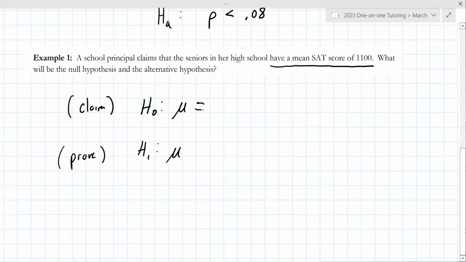Let me just give it to you. This is that it equals 1100. Okay. And what we would like to prove, if we were doing some experiment, is that it's something different than this, which is what this says here.